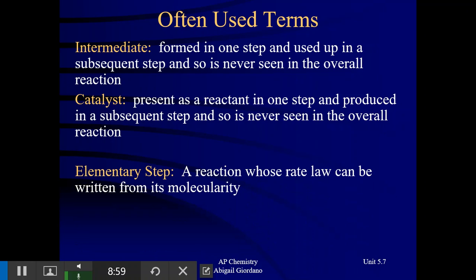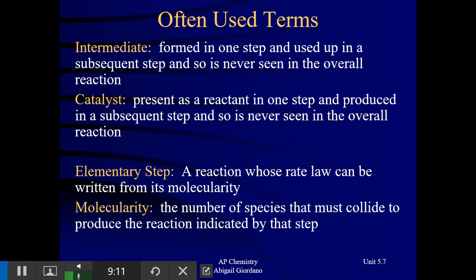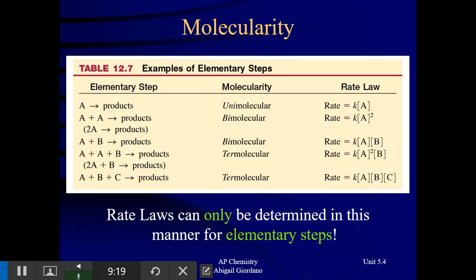Elementary steps are those step by step directions from your GPS. They're the little mini reactions, and we're going to talk about what this word molecularity means. But I think it's a little easier to understand that term with some examples in front of us.